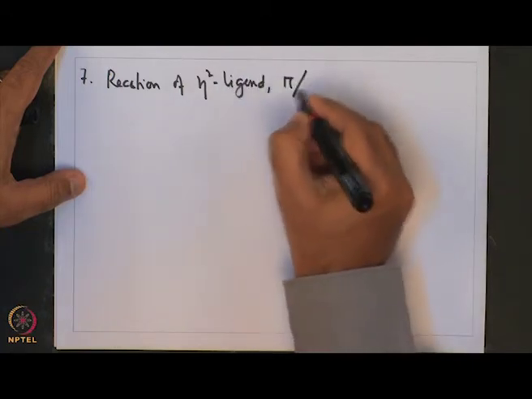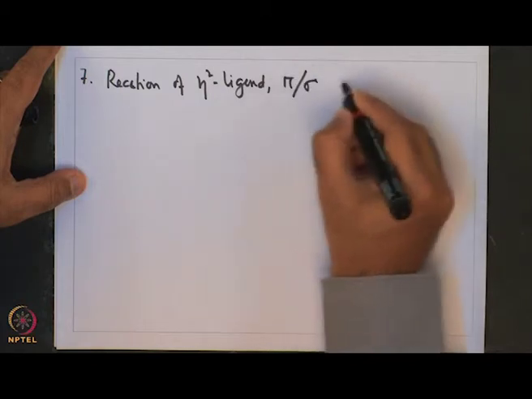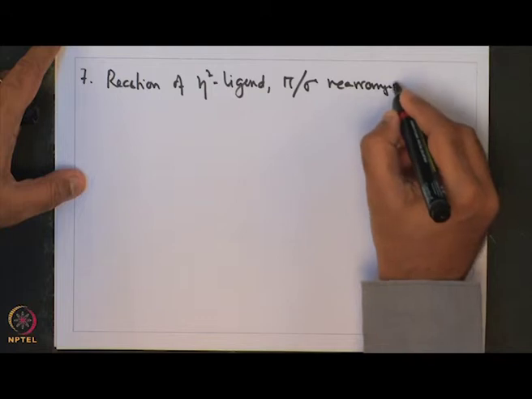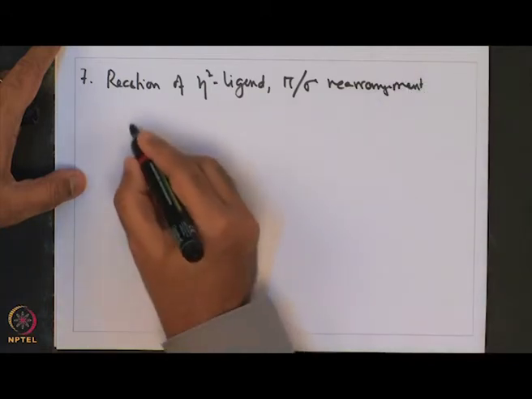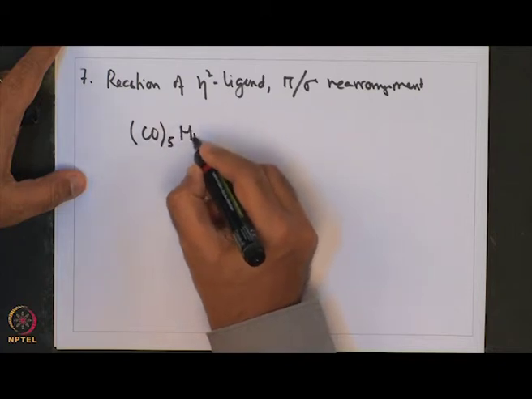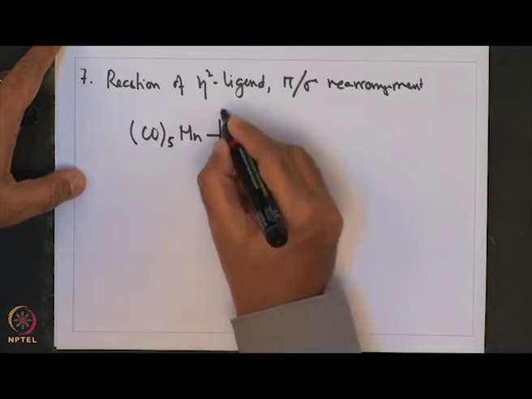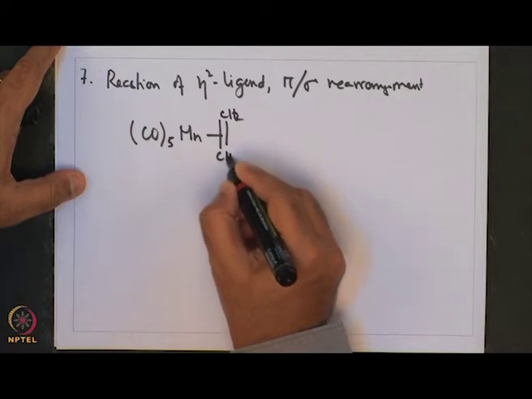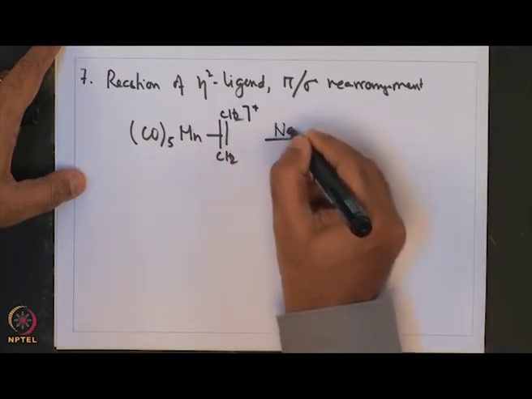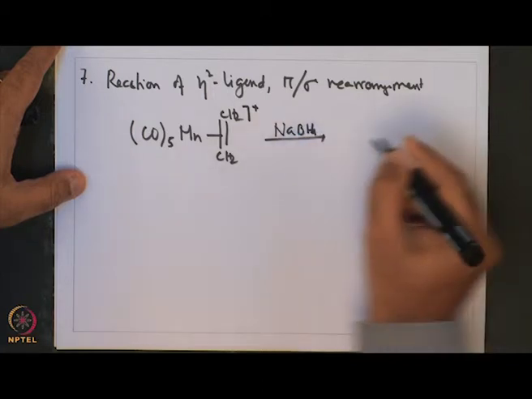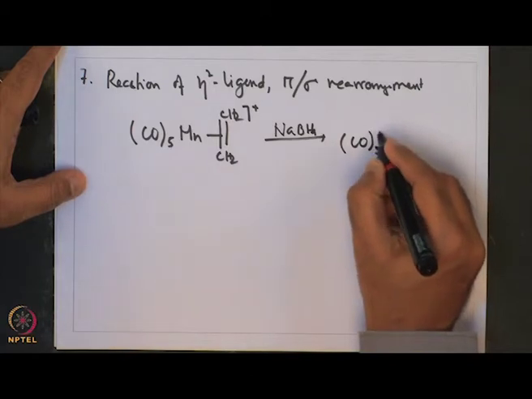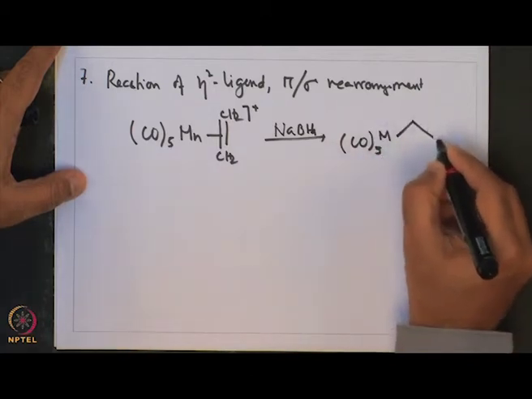Sigma pi type rearrangement: Cp Mn bound to an olefin in presence of sodium borohydride gives the following sigma complex.